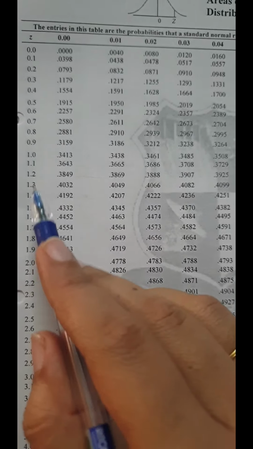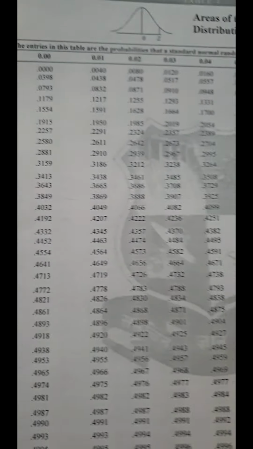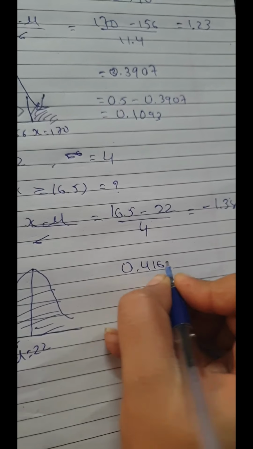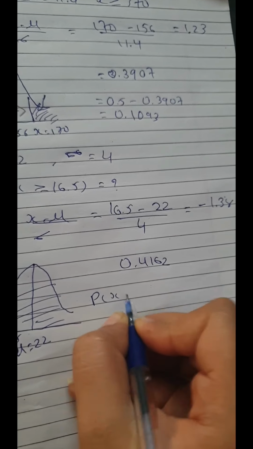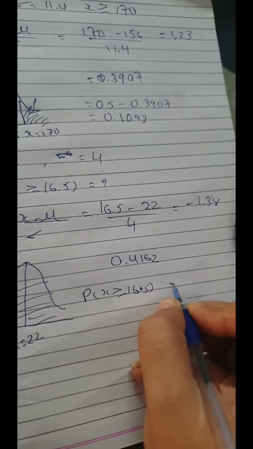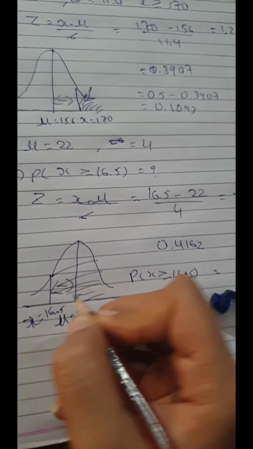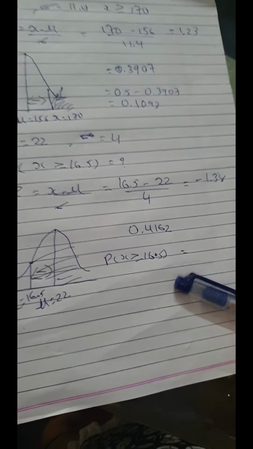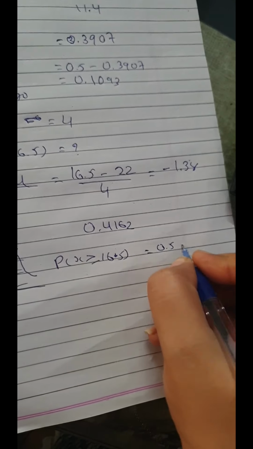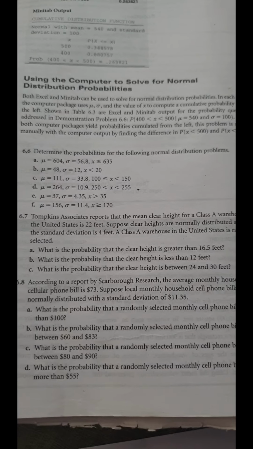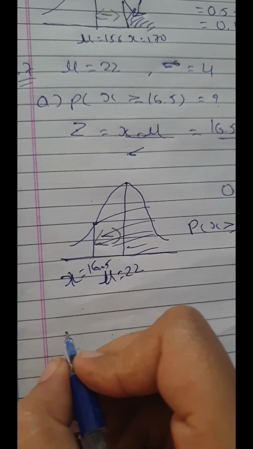Now the value for 1.38 is 0.4162. You want X greater than or equal to 16.5, so 0.4162 is the value for this much. You have to add the value to 0.5. 0.4162 plus 0.5 gives 0.9162.